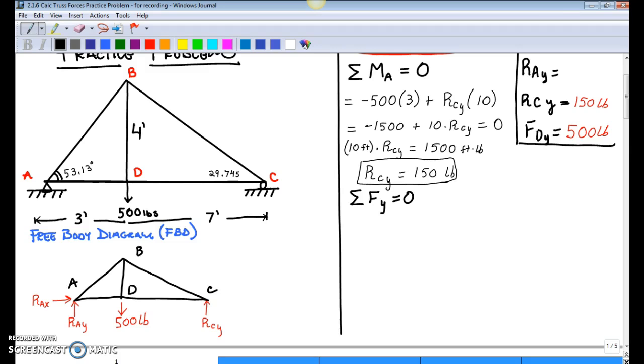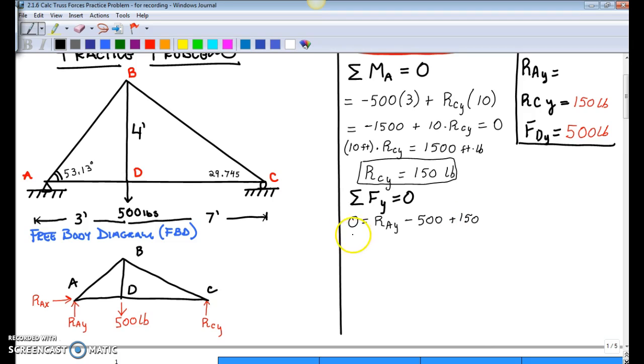So we can write that as 0 is equal to reaction force A in the y direction. I'm just going from left to right. Minus 500 pounds. Keep in mind, minus because that force in the y direction is down, so that's negative. And the reaction of C in the y direction is positive, it's up, and that was 150 pounds.